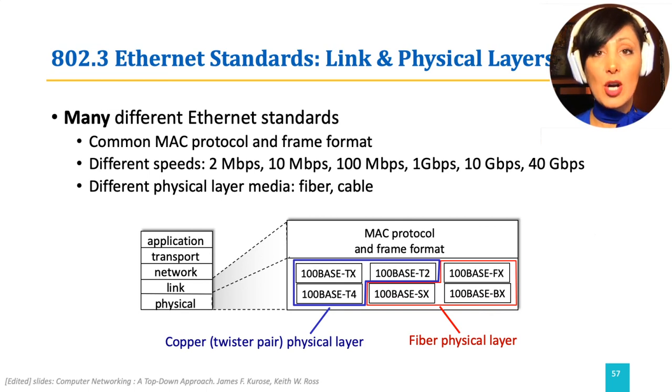The first part, for example 100, as we see in the figure, refers to the speed of the standard. For example, here it is 100 megabits per second. Base refers to baseband Ethernet, meaning the media carries Ethernet frames. And the last part of the acronym refers to the physical media. For example, T for twisted copper wire and F for fiber.